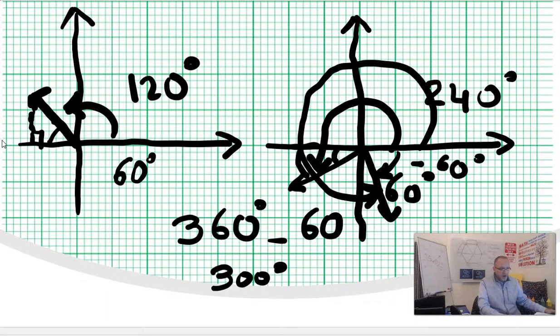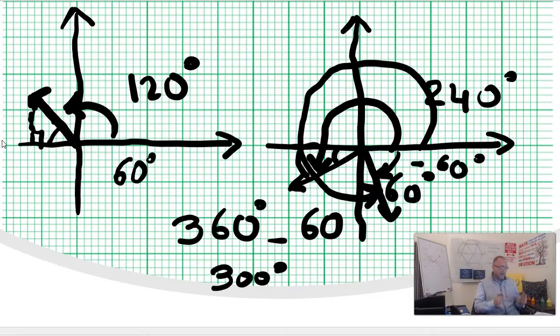So if you go into this, you're going negative, yes, minus 60. But when you do your completion of this first 360 degrees, all you need to do is just minus the 60. If you do minus 60 on its own, you're going to end up above the first rotation.